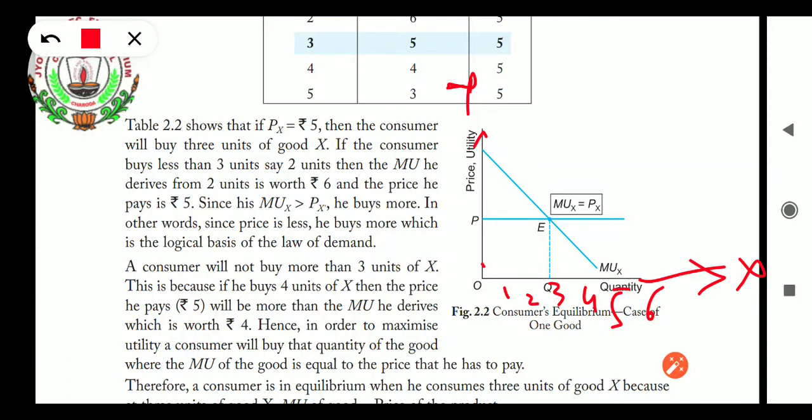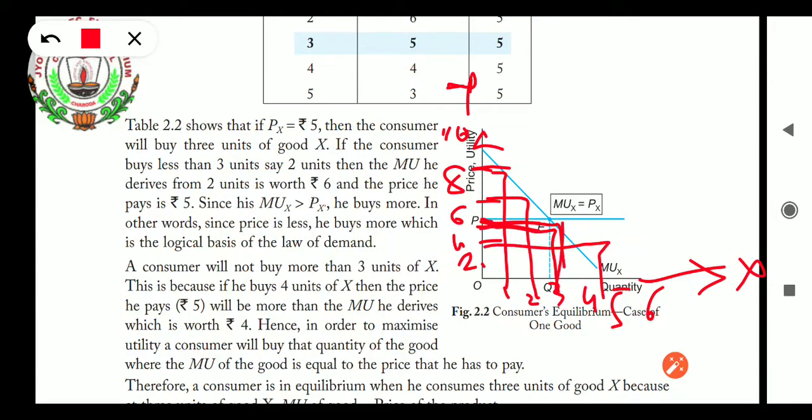So here we can have 2, 4, 6, 8 and 10. When he was purchasing 1 unit, the satisfaction level was 8, and when 2 units then 6, and when 3 units then 5, which came in the middle, and with 4 units it came to 4.